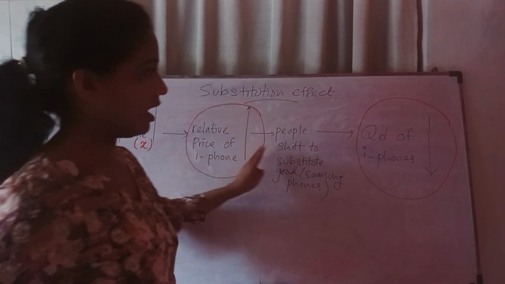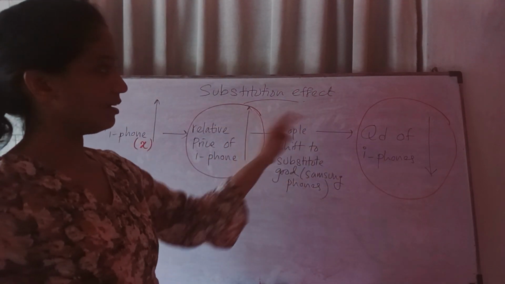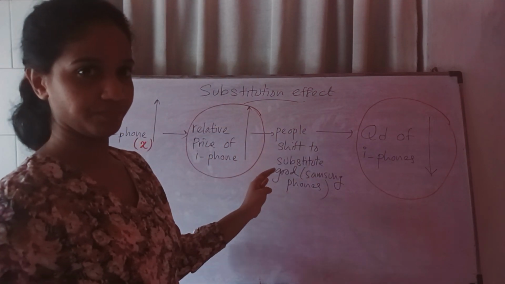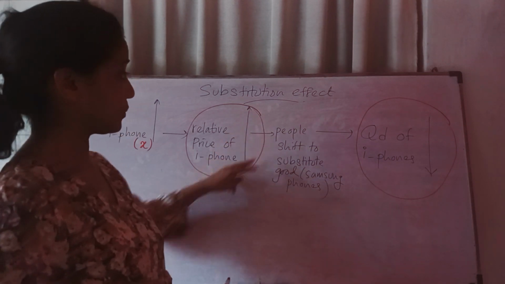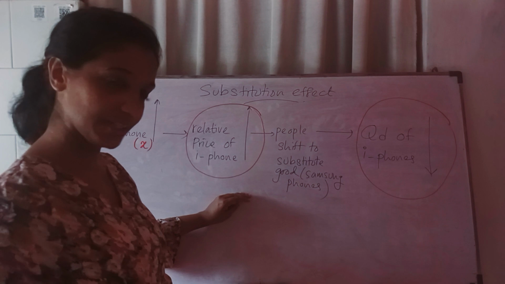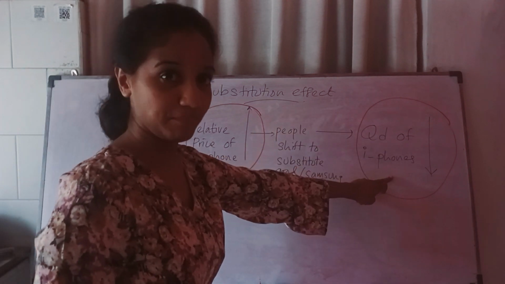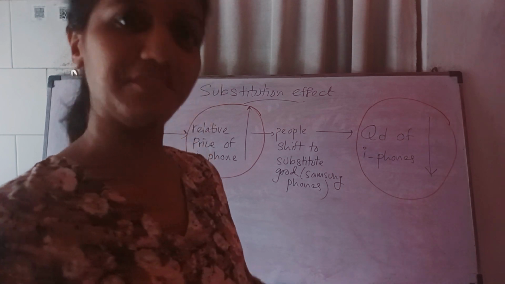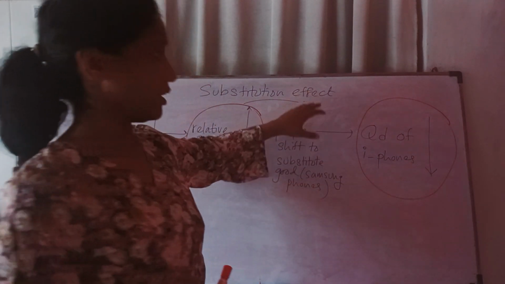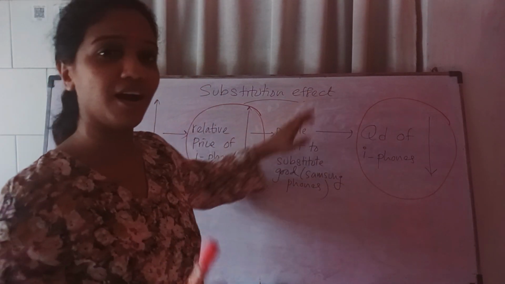The arrows are going in opposite directions, right? If there's a negative relationship between the relative price of the concerned good and its quantity demand, that is the meaning of substitution effect. This is one of the main reasons for the law of demand.